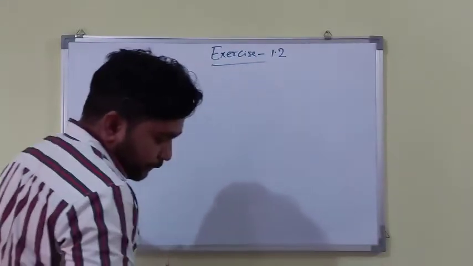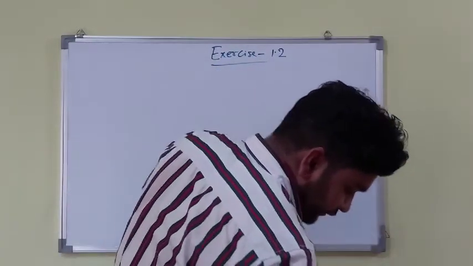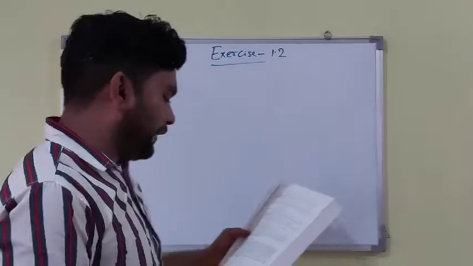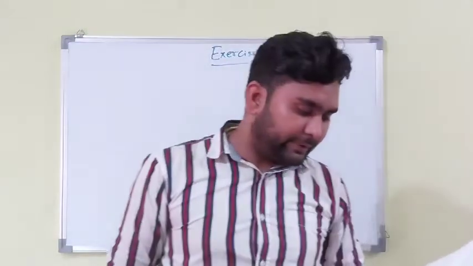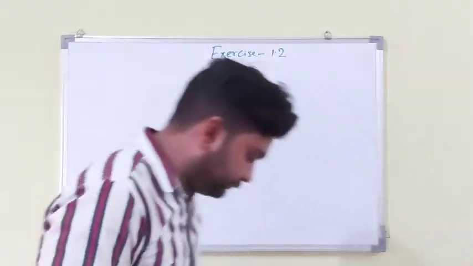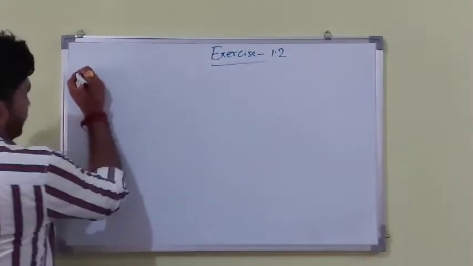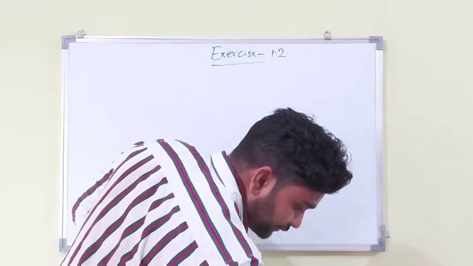Check whether 6 power n can end with the digit 0 for any natural number n. Okay, here the question number is fifth.